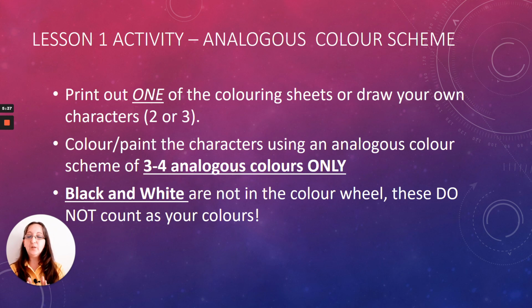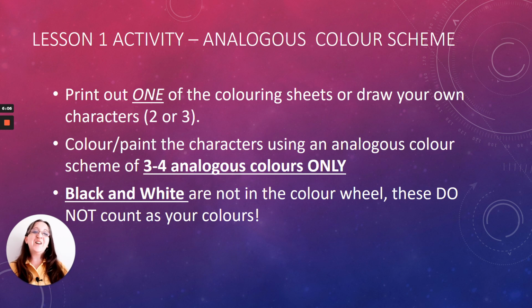They are smaller. If you want to do both, you can do both, but I'm asking you to do one. So you have to do one. If you want to do more than one, that's okay. So your task: colour, paint the characters using an analogous colour scheme, using only 3 or 4 colours.